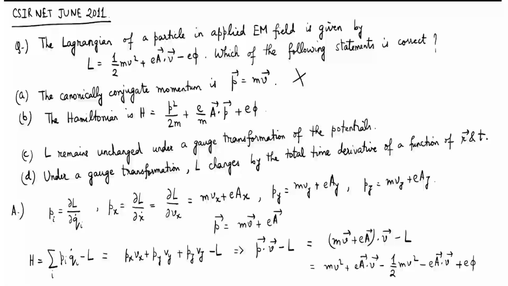So what is coming? This is not P square by 2m plus e by m A vector dot P vector plus e phi. This is not equal to this. This is half mv square plus e phi.